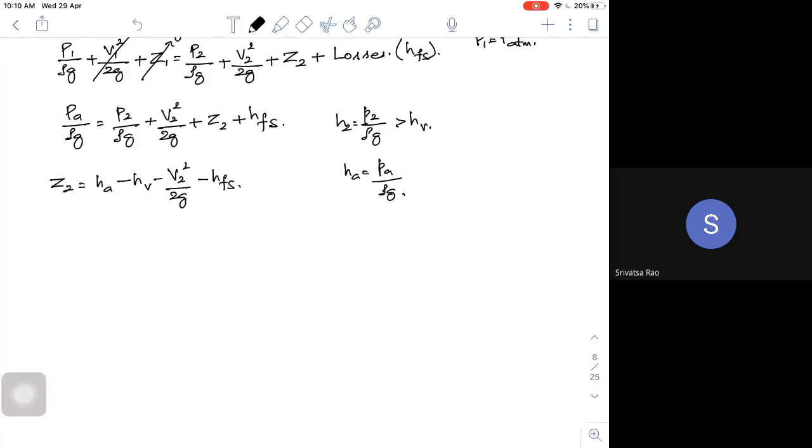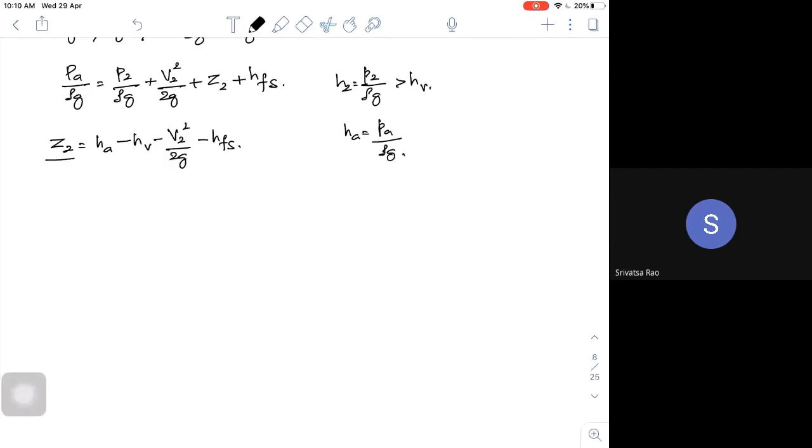Now what is this Z2? This Z2 we call the maximum suction lift. So the maximum suction lift is equal to HA minus HV minus V2 square by 2g minus HFS. This is the expression for maximum suction lift. Is it possible?